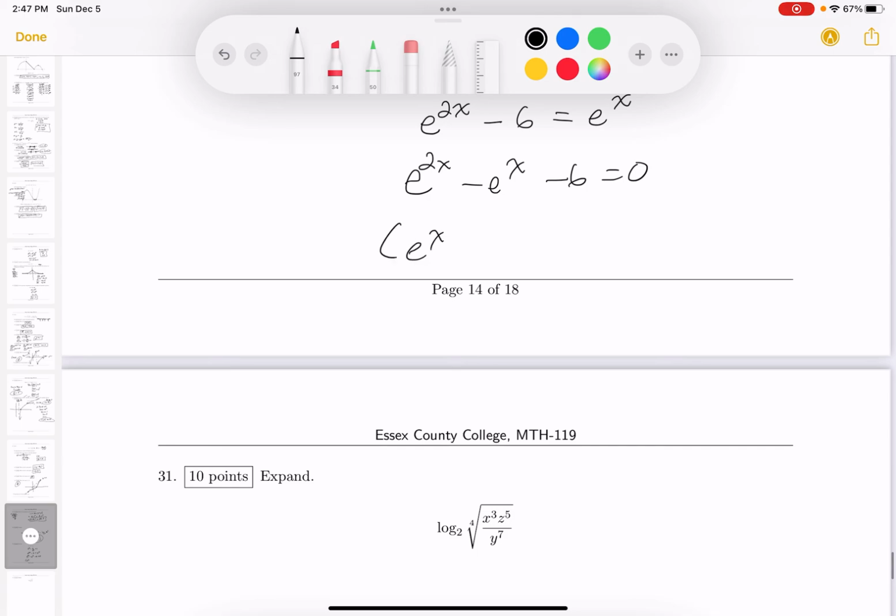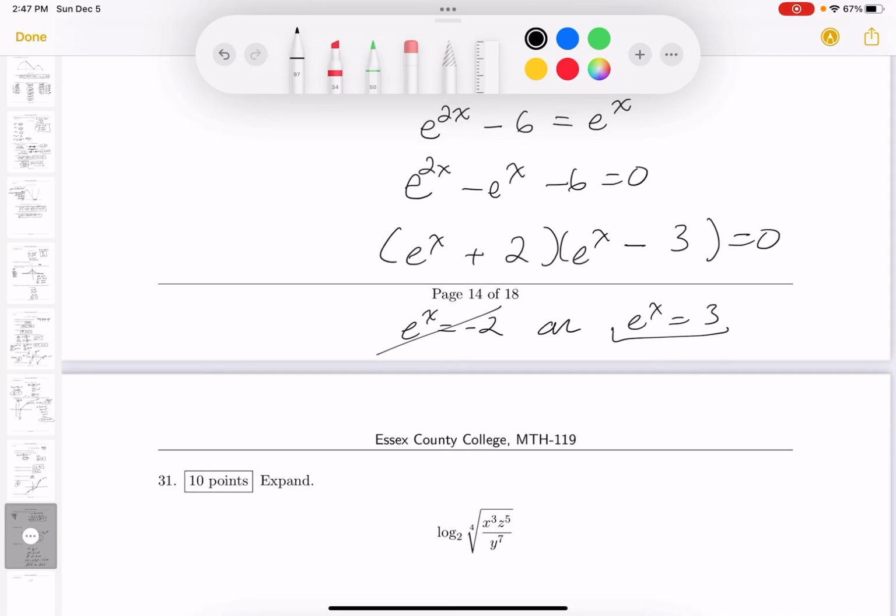E to the x, e to the x, and I would say 2 and 3. And what do you get there? Well, let's see. Give me minus 3 plus 2. Let's see if that works. E to the 2x, yep. Minus 3 plus 2 is minus 1. Yeah, looks pretty good. So there's two solutions here, right? E to the x equals minus 2, or e to the x equals 3. Well, in real numbers, not possible, but this is possible. When would that happen? When x is equal to the natural log of 3.